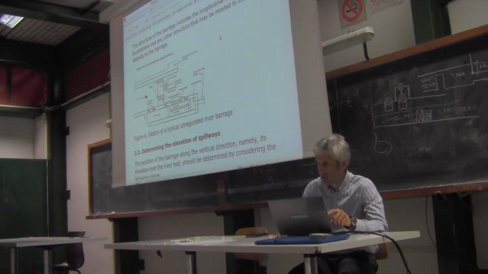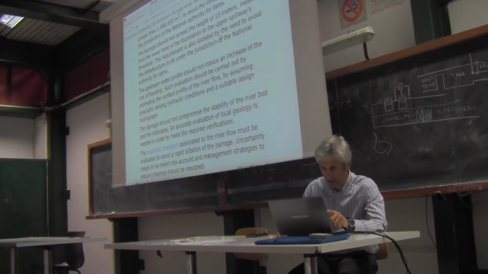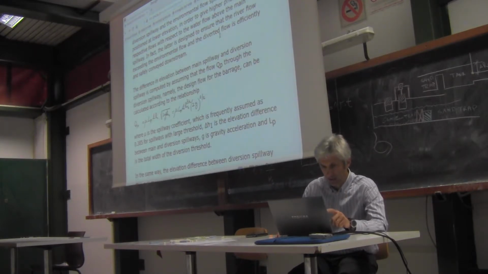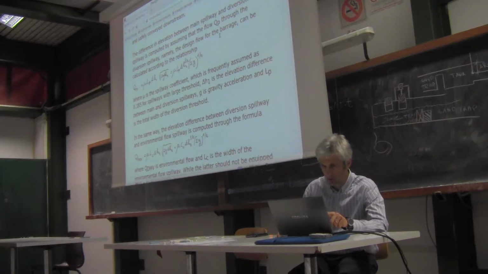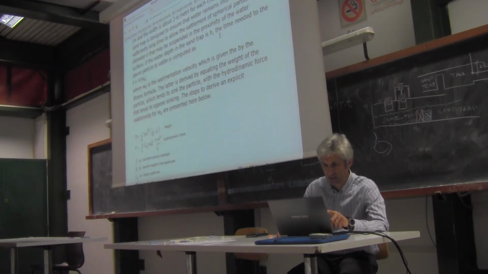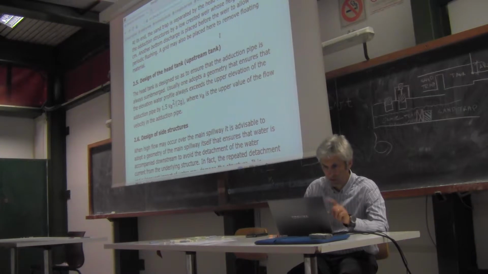Then there is a description of the elements, the determination of the elevation of spillways, and we described everything here. Then there are the formulas for determining the elevation of the spillways, the design of gravel and sand traps, and we discussed everything here.